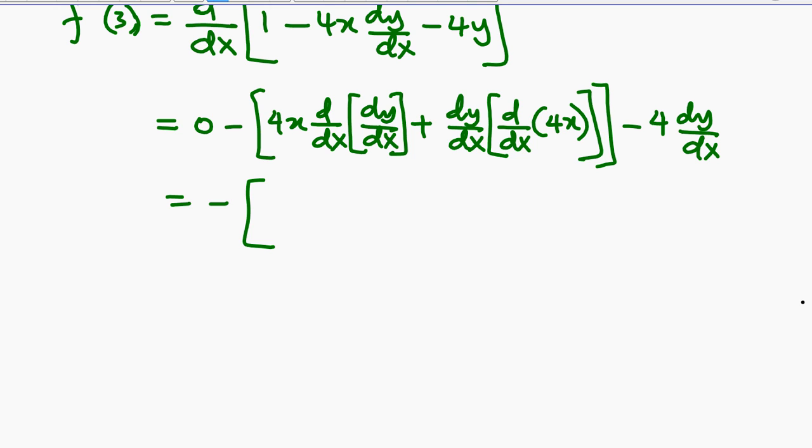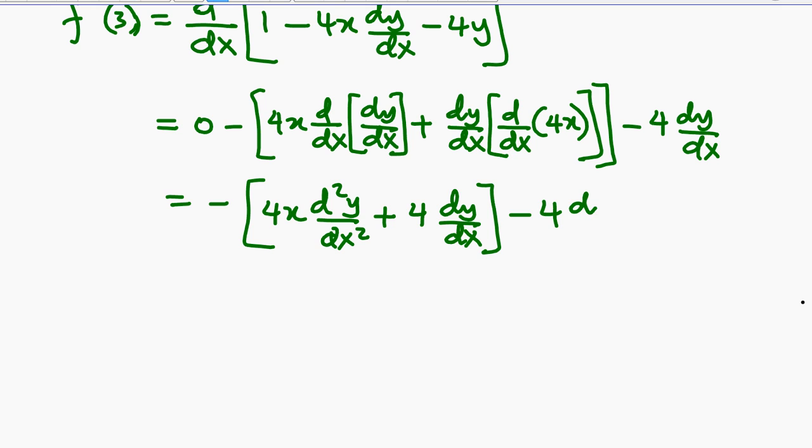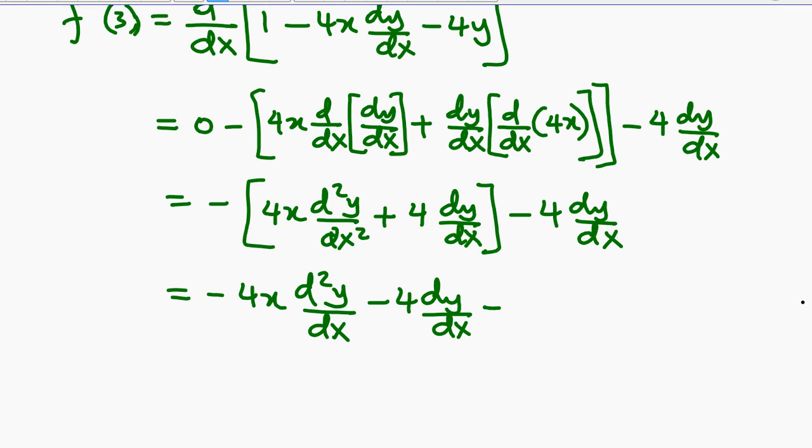So that will be 4x d2y over dx2 plus 4 dy over dx, minus 4 dy over dx, which will be equal to minus 4x d2y over dx2 minus 4 dy over dx minus 4 dy over dx.